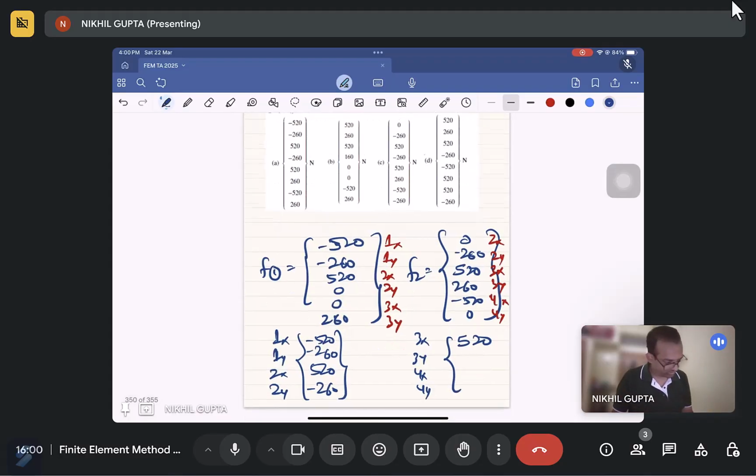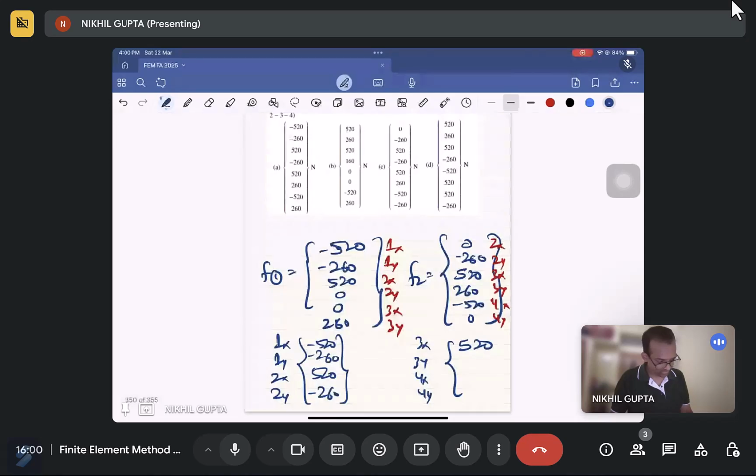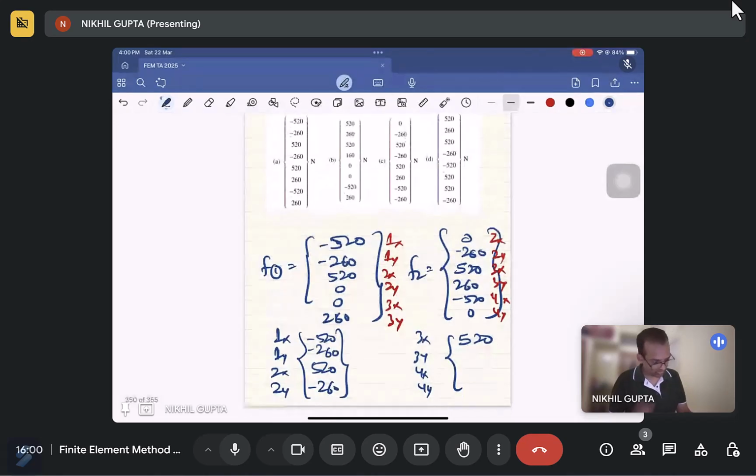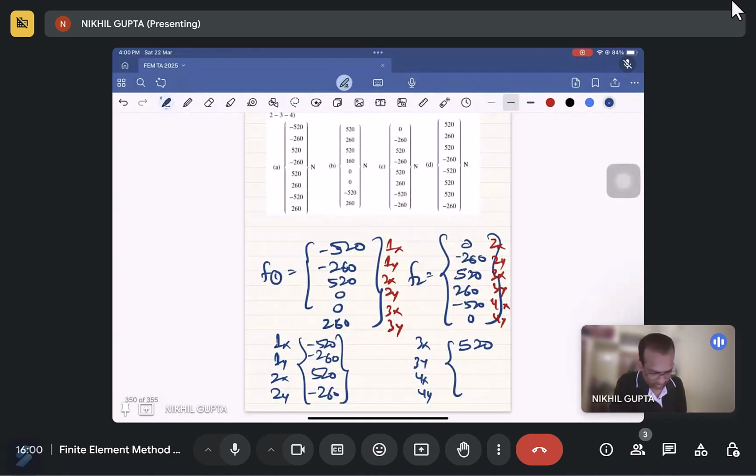Minus 520, minus 260 is correct. 520, minus 260 is also okay. Then 3x is 520, 3y, 260 is here. Okay, let's write 520 again, but there is no option like that. I think I made a mistake somewhere.